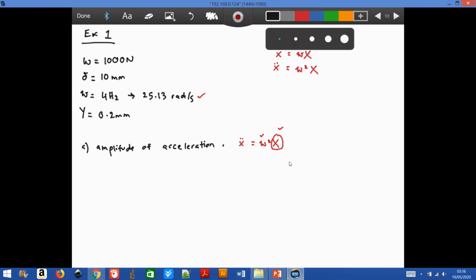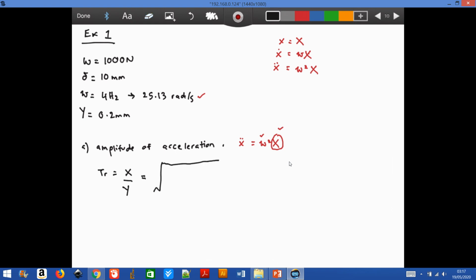So from the transmissibility ratio, you know that TR is equals to x over y, which is, if you refer back to the previous slide, these are some of the other ways that you can do other than the example shown in the lecture notes. I use this equation, c squared over k minus m omega squared plus omega c squared.